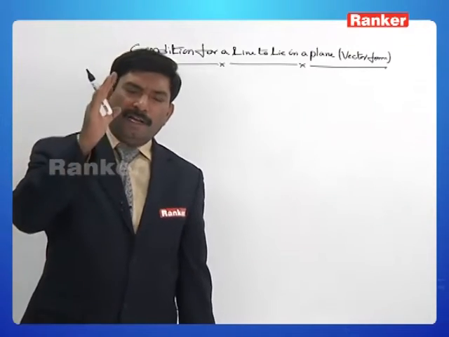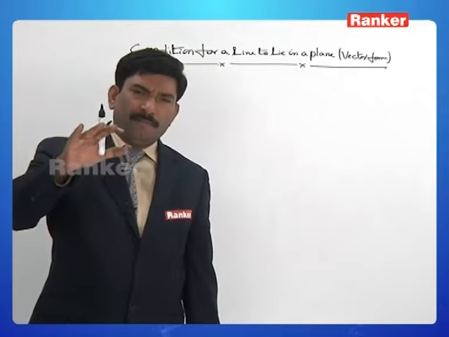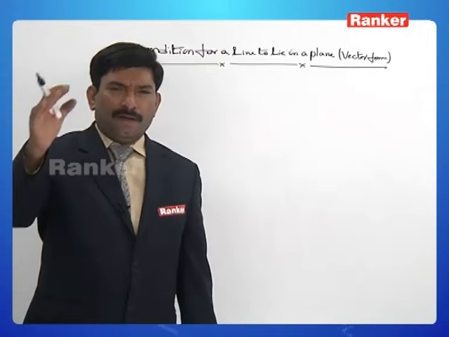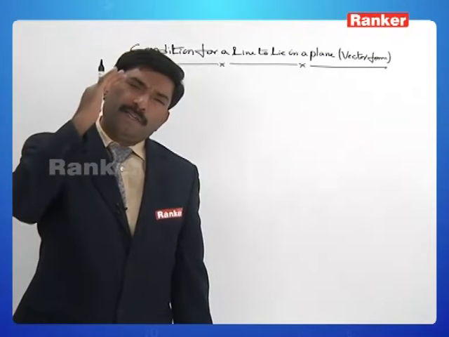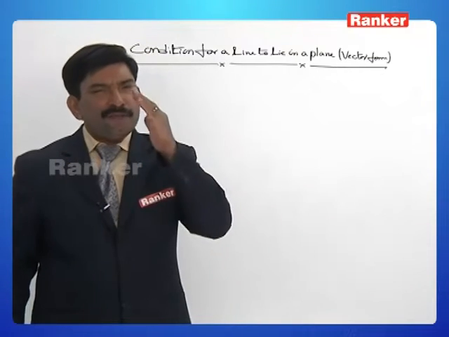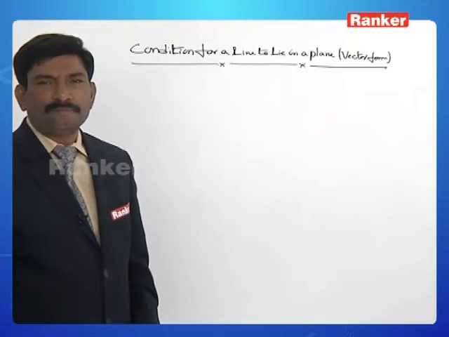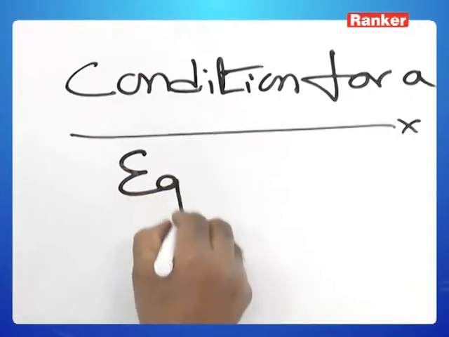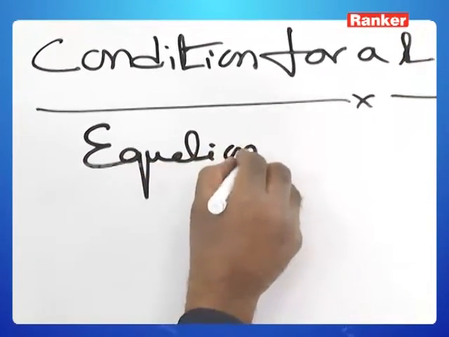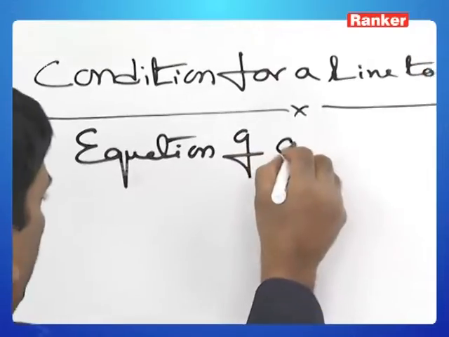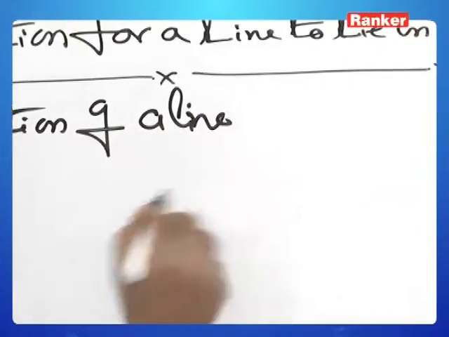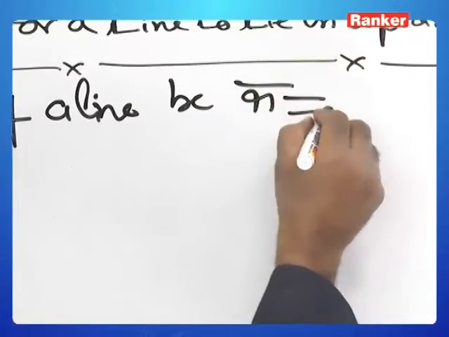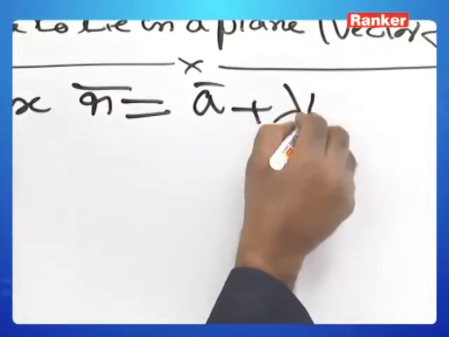Means when a line lies in a plane, it is quite obvious every point on that line satisfies the plane. So therefore, let us take the equation of a line in vector form: r bar is equal to a bar plus lambda b bar.